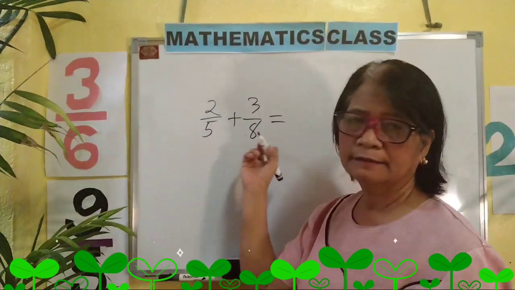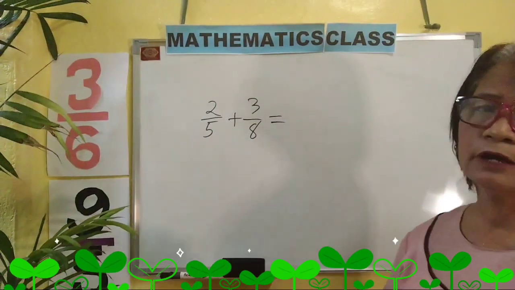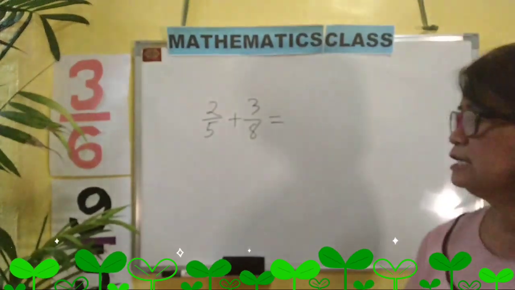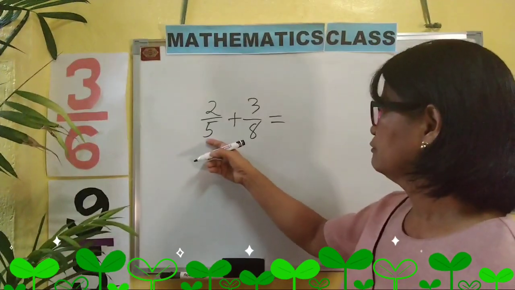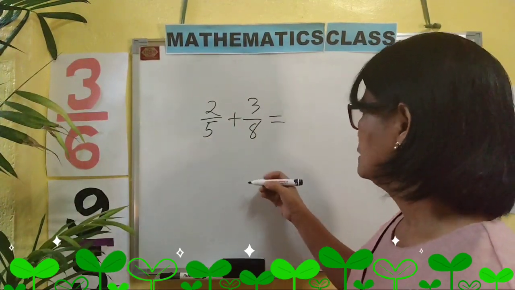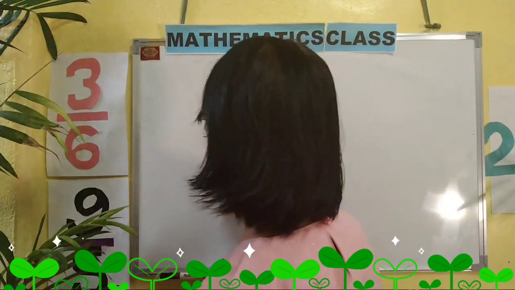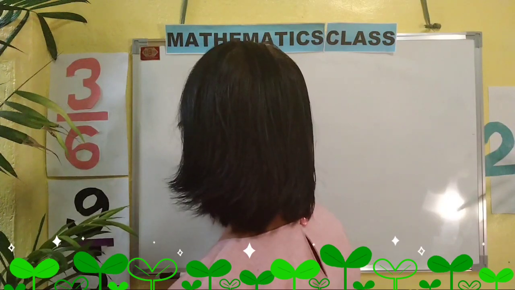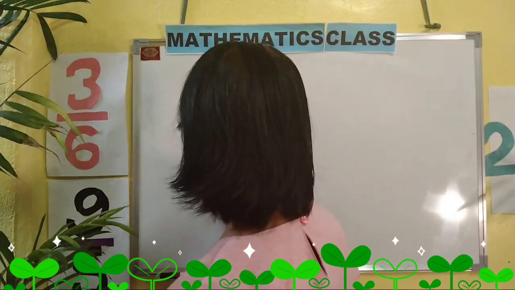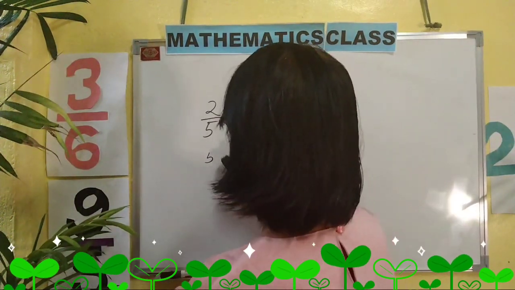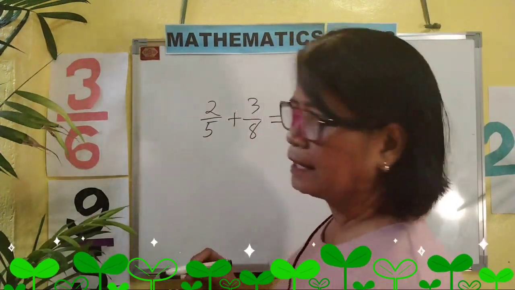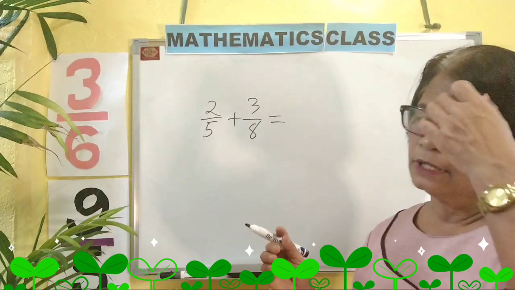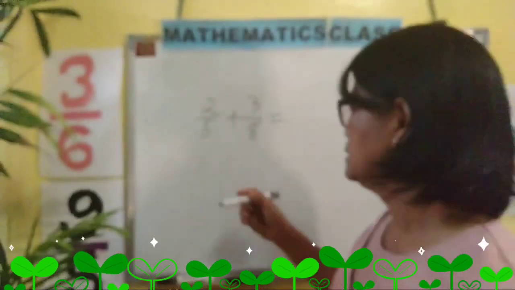Denominators 5 and 8. First thing to do, we have to find the LCD, or the least common denominator. What is the least common denominator for 5 and 8? The least common denominator for 5 and 8 is 40. Using the common multiples, multiplying numbers by other numbers will give us other numbers.